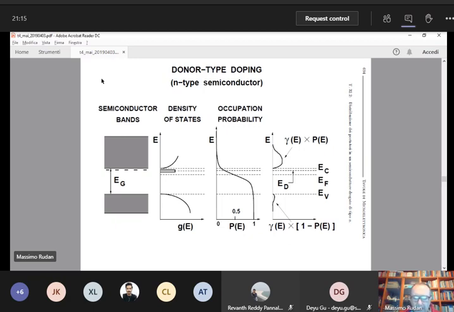And this value, ED, is just below EC. EC, you remember, is the position of the lower edge of the conduction band. The distance between EC and ED is very small. Typically, it is 0.03 electron volts. So it is a very, very small distance.